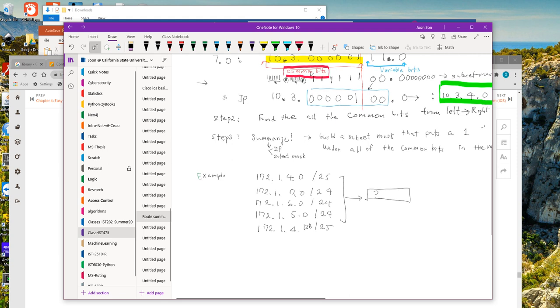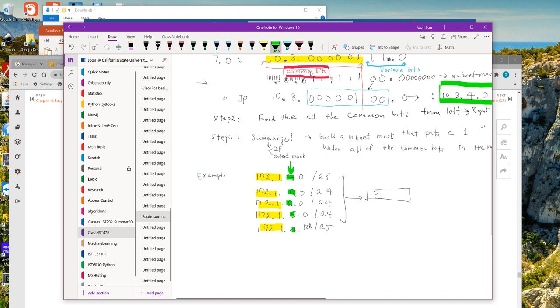We know that 172.1 is the same in all of them, so this is not interesting. They're all common. However, if you look at the third octet, 4, 7, 6, 5, 4, these are the interesting octets, so those are the ones we have to convert from decimal to binary.